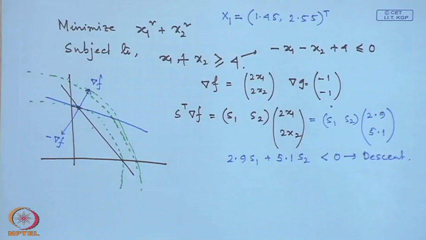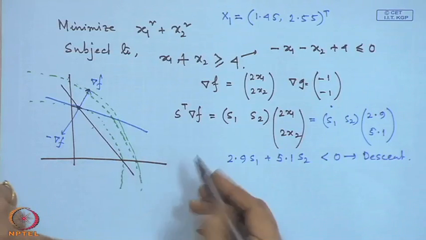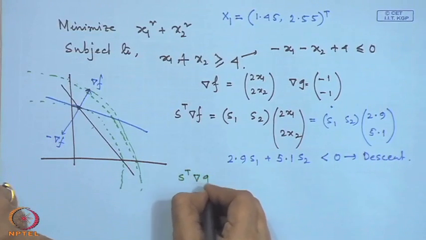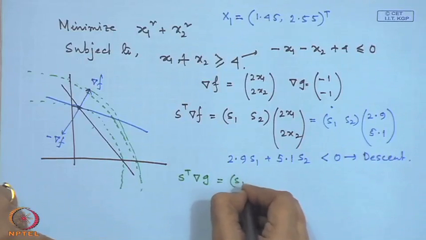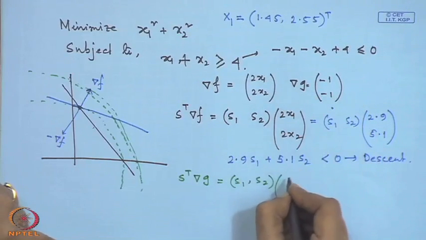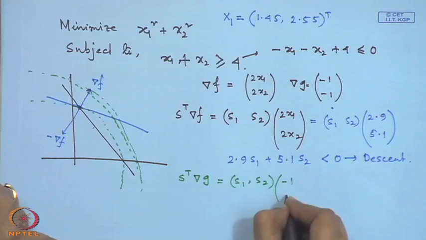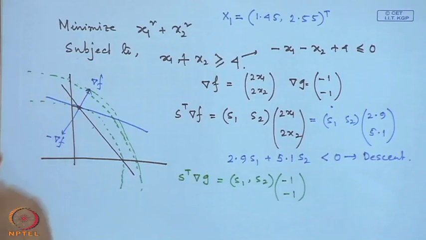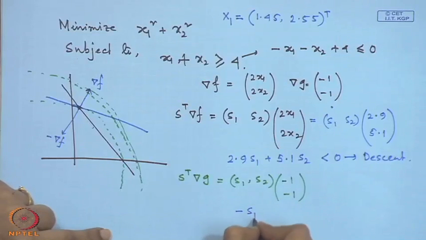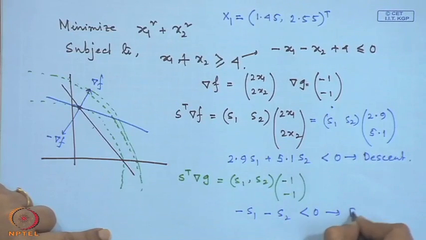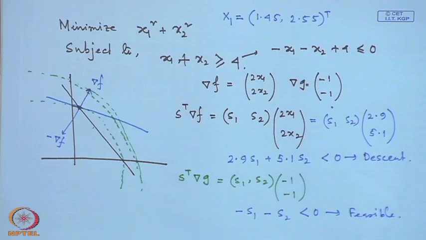Now, let us move to the next. What is the feasible direction? That means we will calculate S transpose grad g. This is coming as S1 S2 times (minus 1, minus 1). That means we can say that minus S1 minus S2 less than 0, this is the feasible direction. Now, what is the usable direction then?